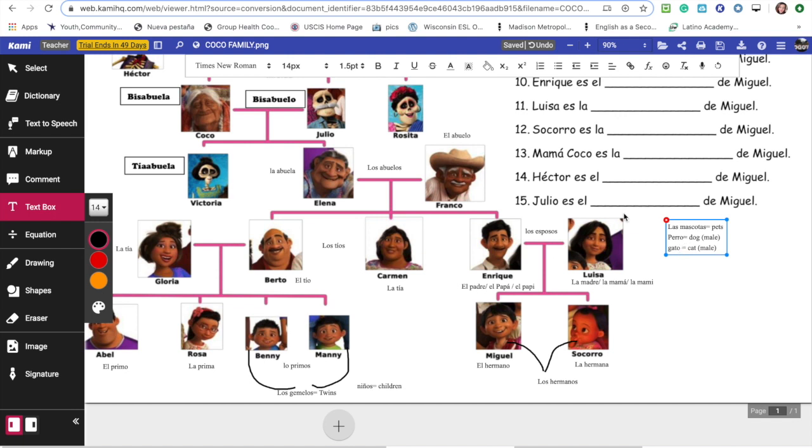So I know that some of you have stepfathers, stepmothers, and stepbrothers and stepsisters. So I'm just going to detail on that. So el padrastro, that's the stepfather.